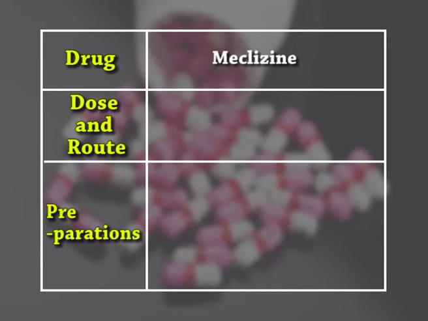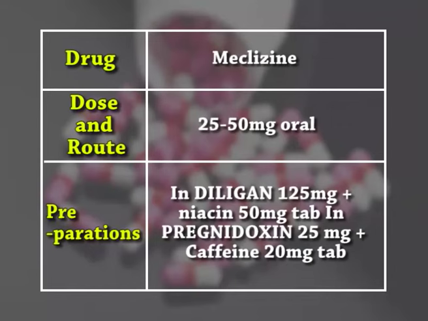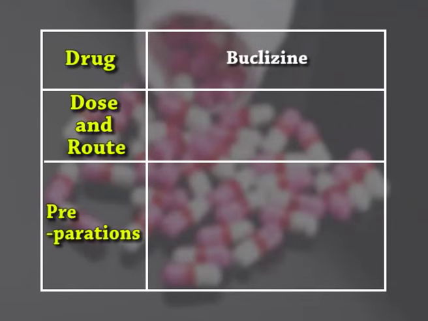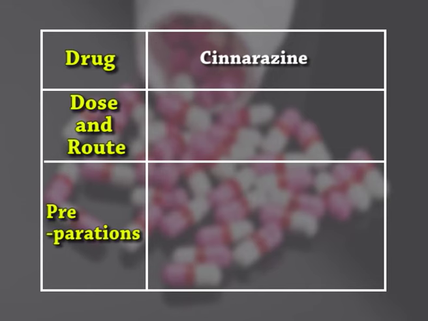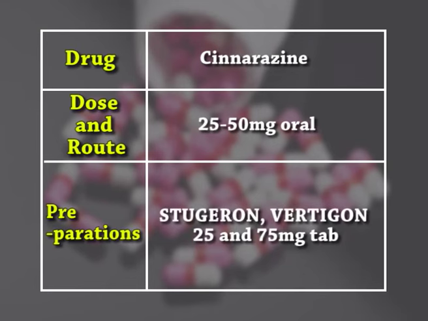Third drug is meclizine, given in a dose of 25 to 50 mg, route oral. Preparations include Diligan. Fourth is buclizine, given in a dose of 25 to 50 mg, route oral. Preparations include Longifene. Fifth is cinnarizine, given in a dose of 25 to 50 mg, route oral. Preparations include Stugeron and Vertigon.